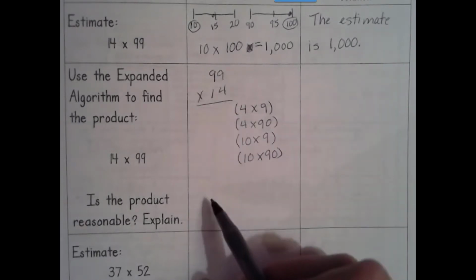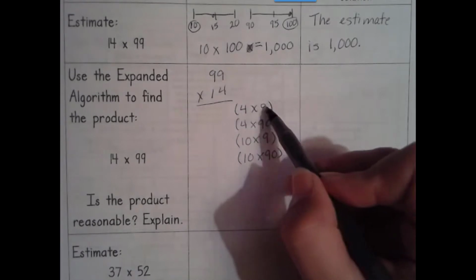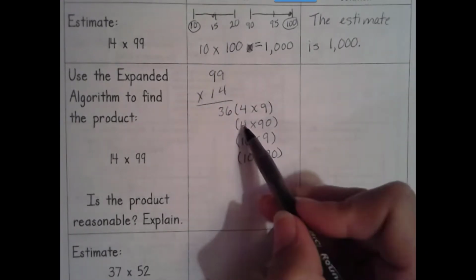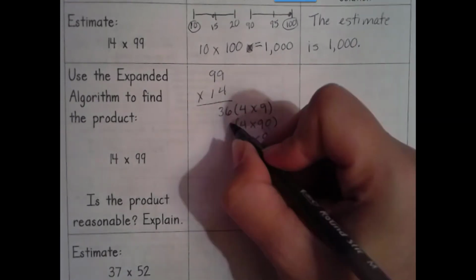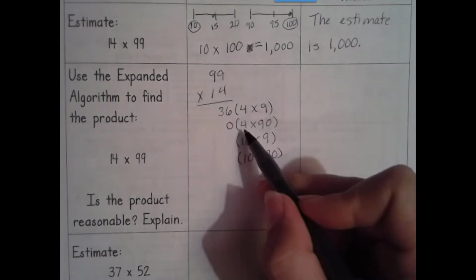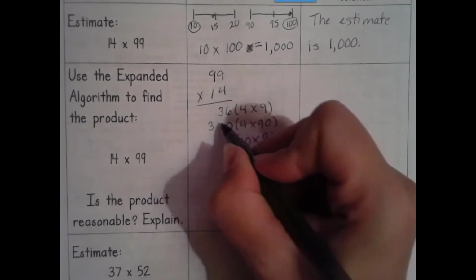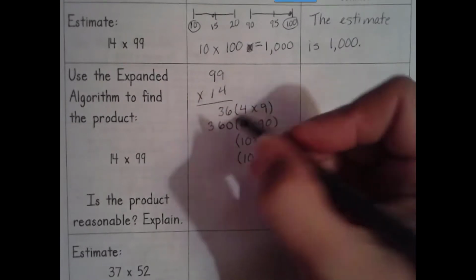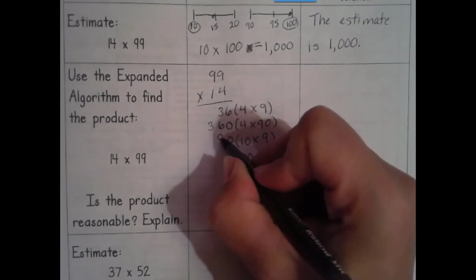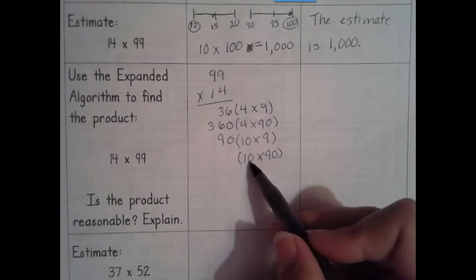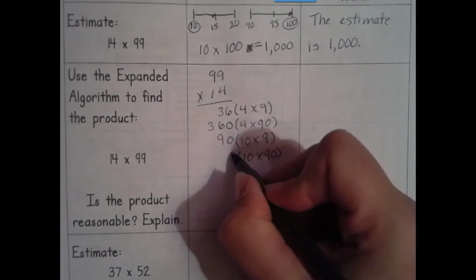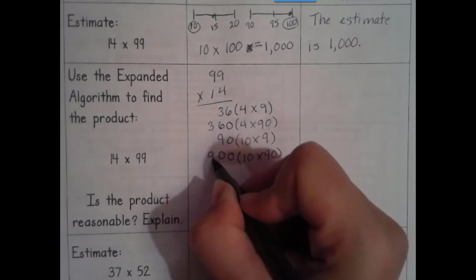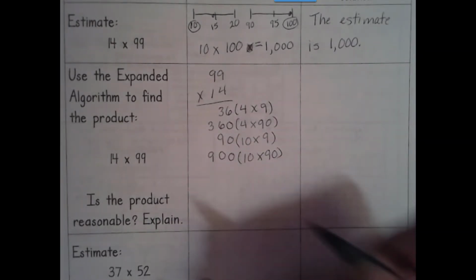Okay, now we just have to do the multiplying and adding. 4 times 9 is 36. 4 times 90, the placeholder moves it over a place. 4 times 9 is 36. 10 times 9 is 90. 10 times 9, I have 2 placeholders, moves it over 1, 2 places, and then 9. 10 times 90 is 900.